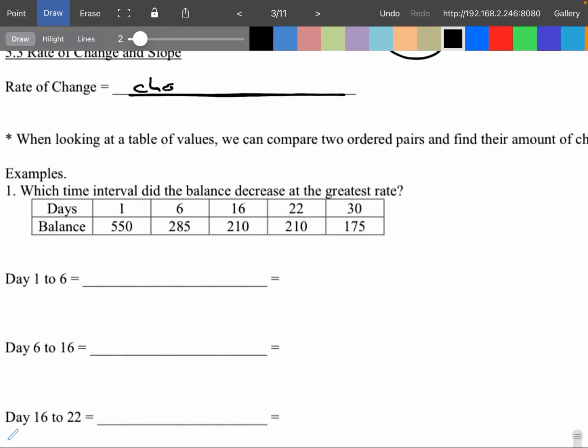All right, so the first thing we need is a definition of rate of change. So let's use this bar here as like a fraction bar. So it's going to be a ratio.